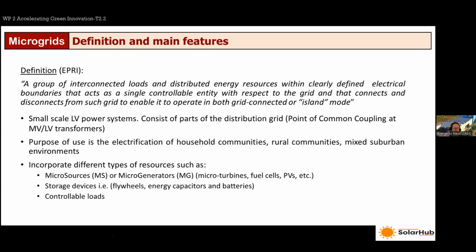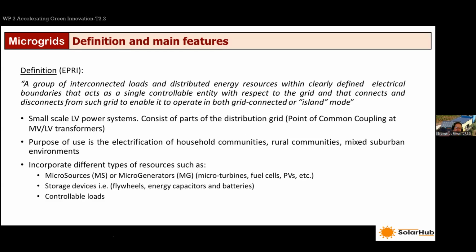But in this low voltage approach, these microgrids consist of a part of the distribution grid with a number of loads and units, and there is always a point of common coupling between this part of the grid and the distribution transformer, the medium to low voltage transformer that belongs to the distribution system operator.